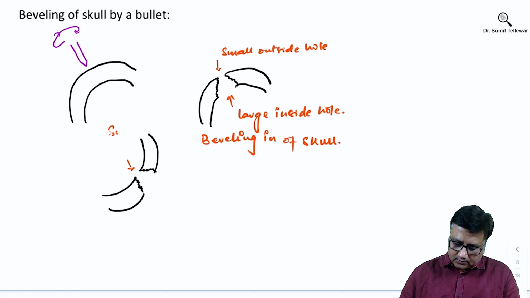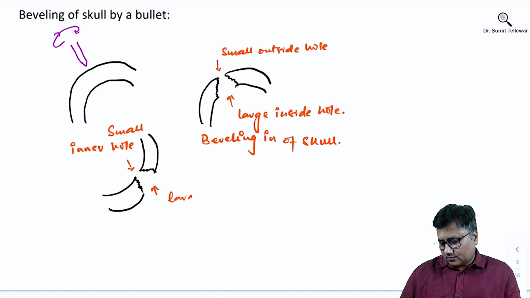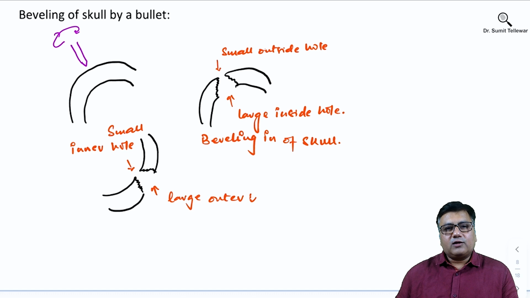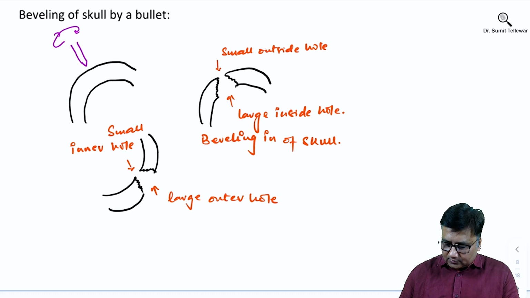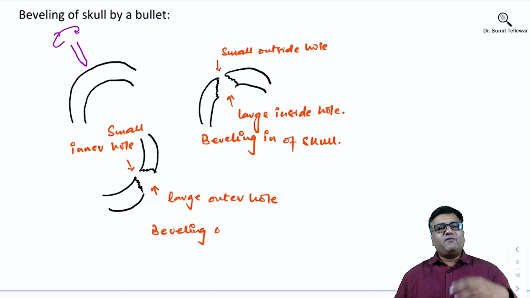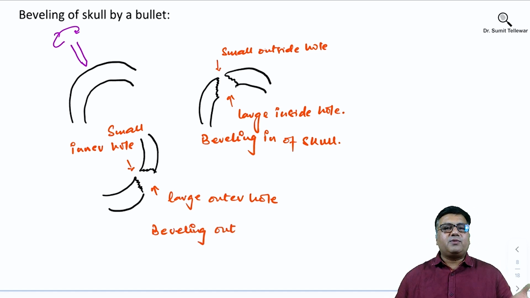Small inner hole, large outer hole. Now this is called beveling out, or beveled out margins.